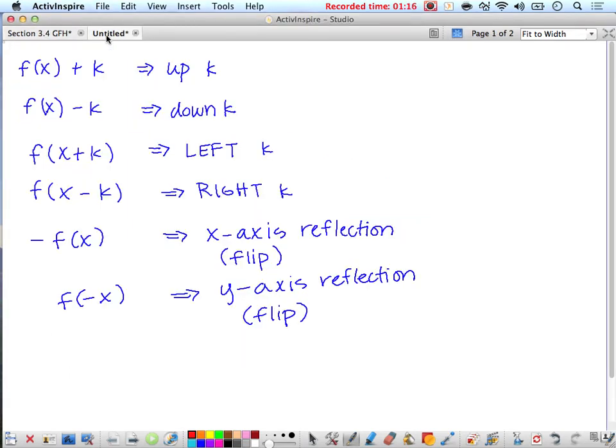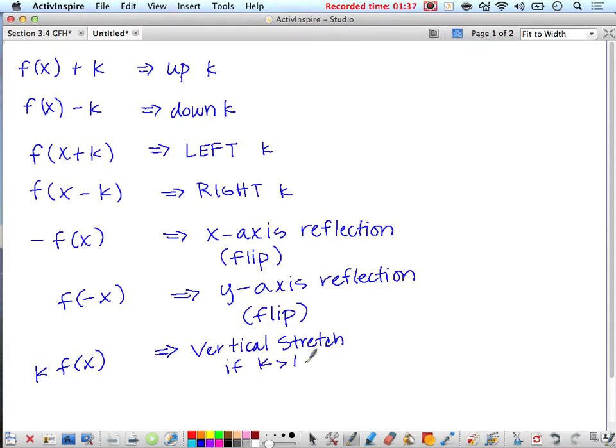And if we have k times f of x, we get a vertical stretch if k is greater than 1.